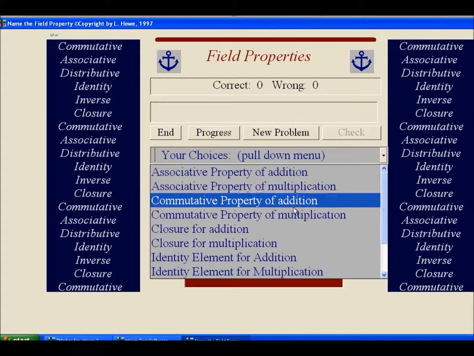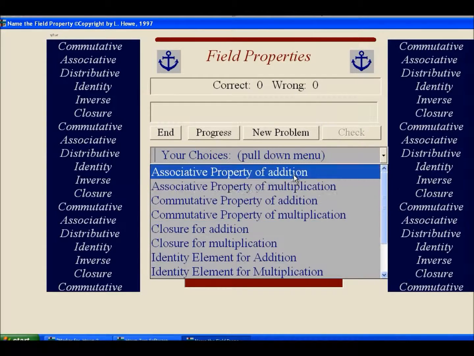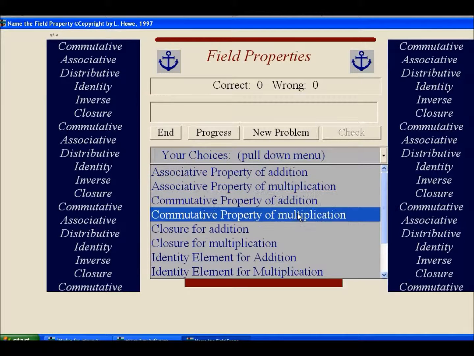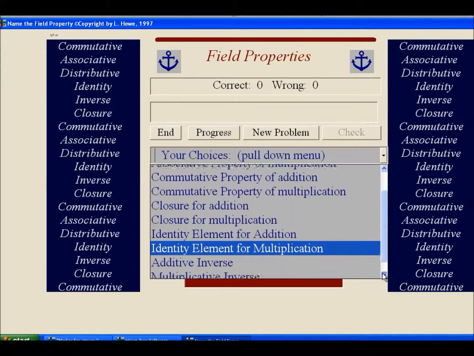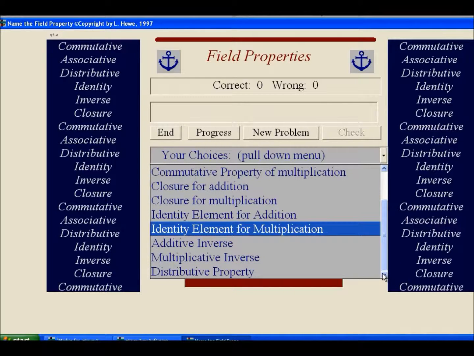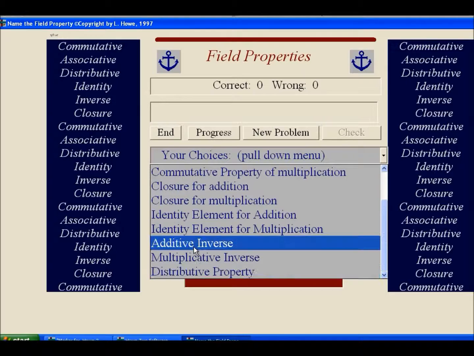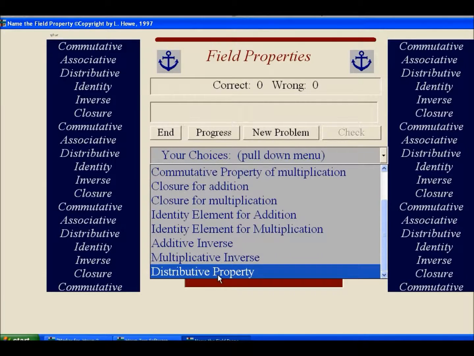See all those properties. These are the field properties. 1, 2, 3, 4, 5, 6, 7, 8, 9, 10, 11 properties. The additive inverse and multiplicative inverse.